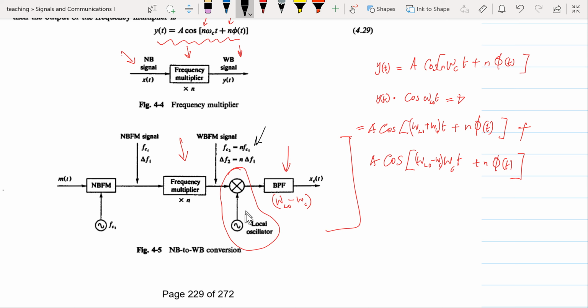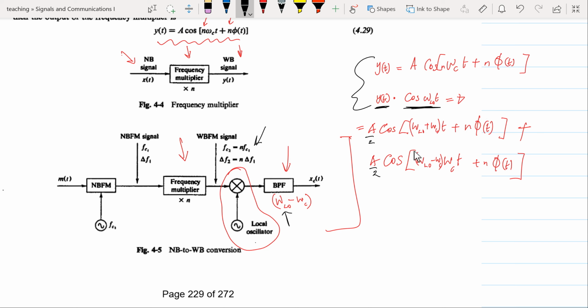So what we do here is that when you multiply with the local oscillator that has a frequency of omega LO, LO I've just used to mean local oscillator, then it is going to cause this kind of multiplication to happen, such that when you multiply y of t with the carrier that is a function of the local oscillator having angular frequency omega LO, we are just going to apply the cosine law.